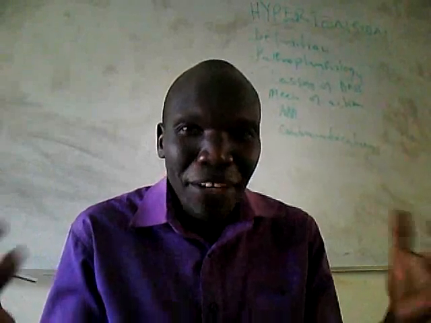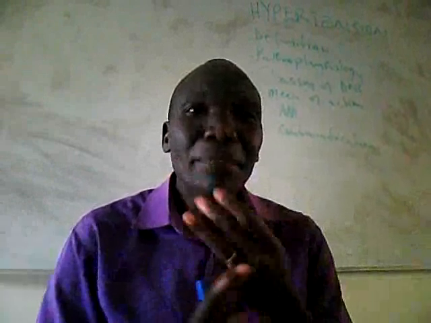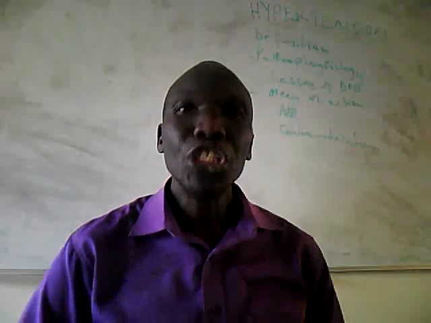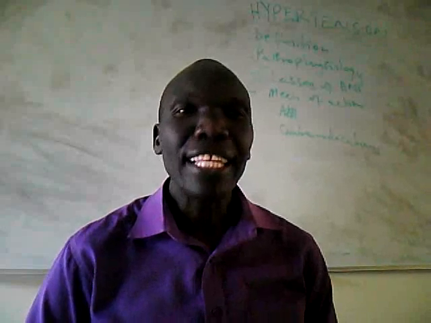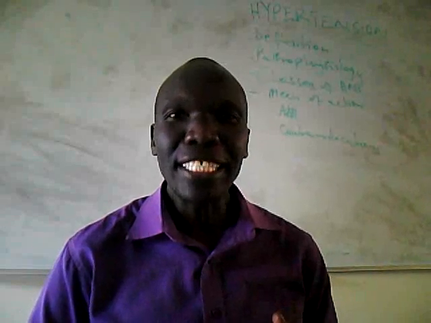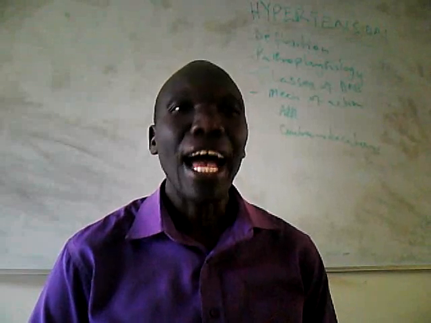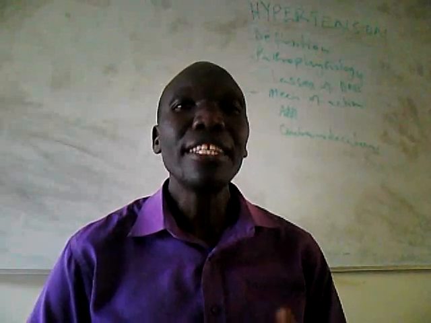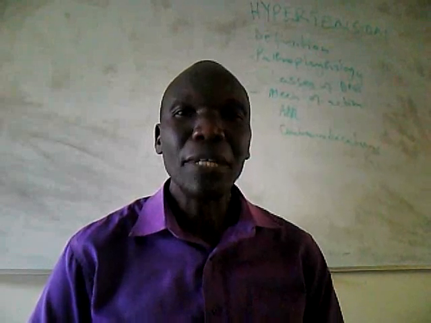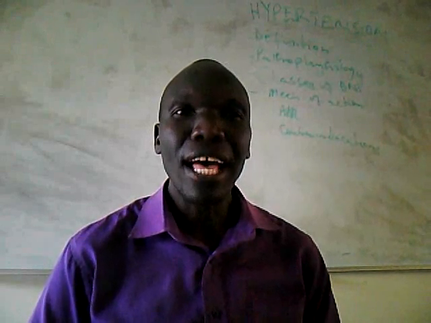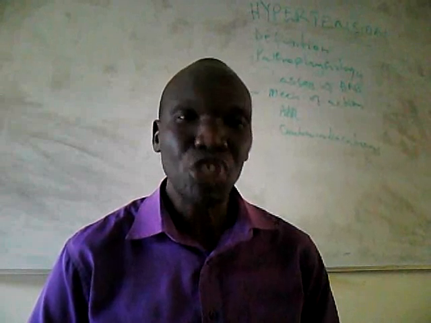So what brings about hypertension is 1, increased blood volume in the body, 2, excess sodium intake, 3, renal insufficiency, and 4, increased peripheral resistance, which comes as a result of vasoconstriction.